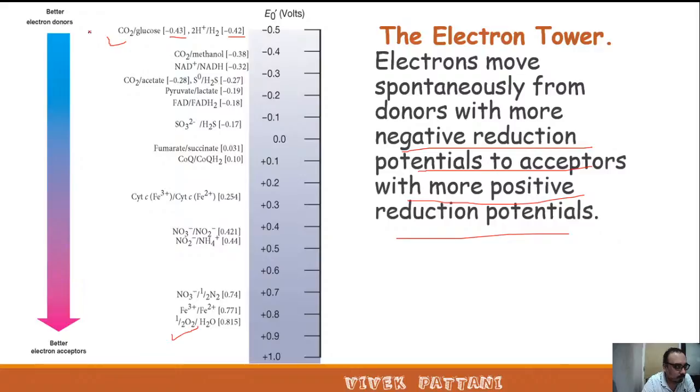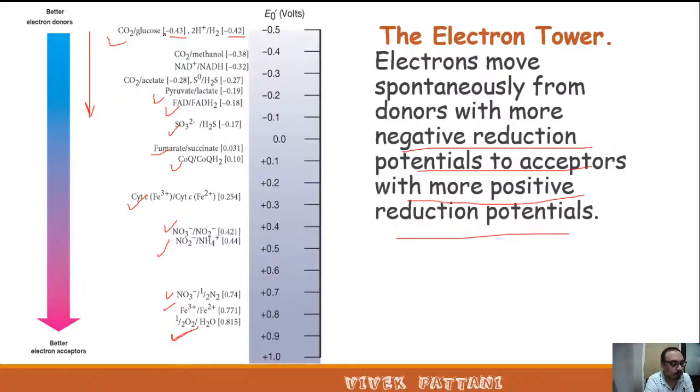Moving downwards: carbon dioxide converted into methanol, NAD+ converted into NADH, carbon dioxide converted into acetate, sulfur related to the conversion of hydrogen sulfide, pyruvate converted into lactate, FAD, sulfates, fumarate, coenzyme Q, cytochrome C, nitrates, nitrites, where nitrite conversion into nitrogen is the process of denitrification, ferrous ions, and finally oxygen.